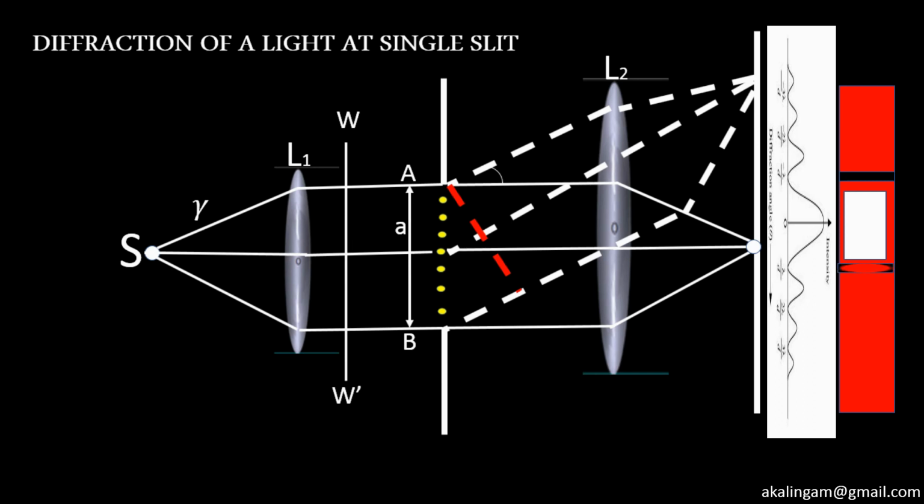These are the secondary minima, which give a dark band, where the intensity decreases. Next, we are seeing the secondary maxima, which give a bright band. This is the diffraction of light at a single slit, which gives alternately bright and dark bands.